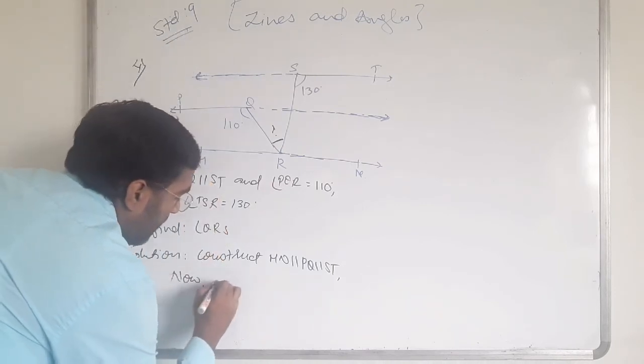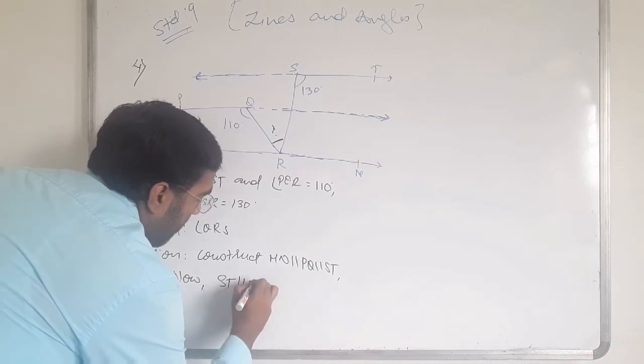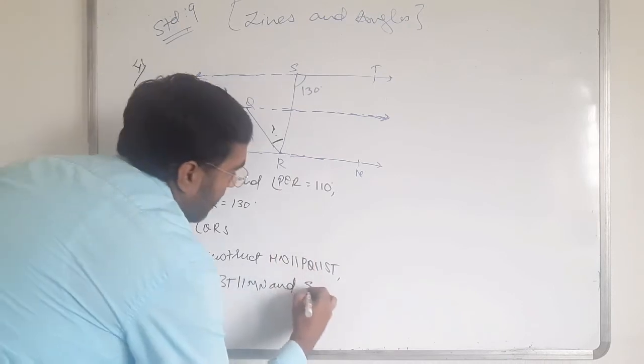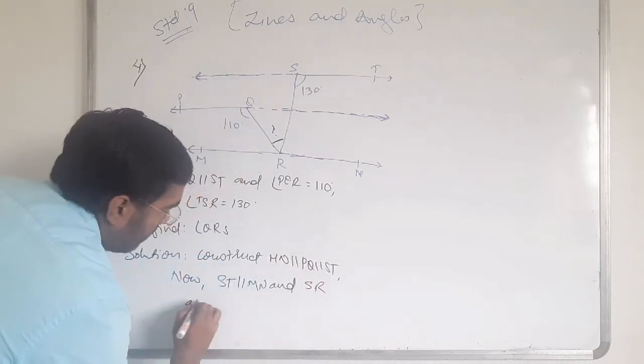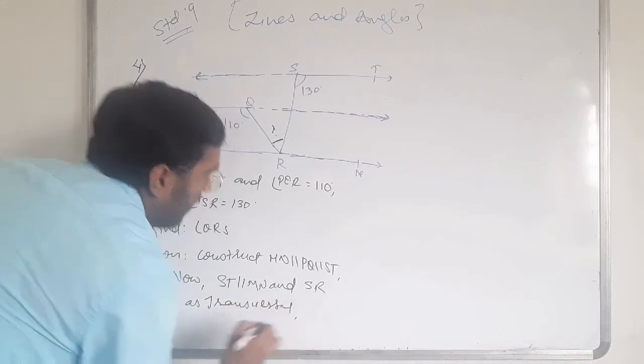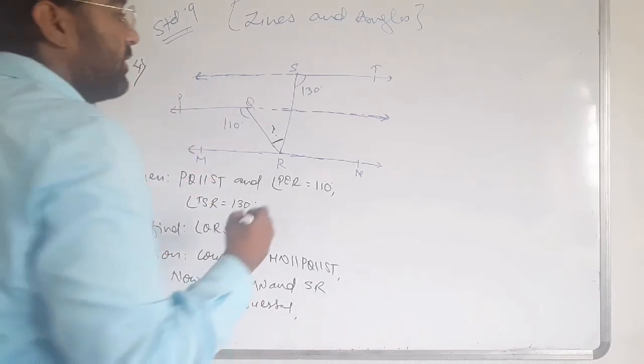Now ST is parallel to MN and SR is a transversal. Take SR as a transversal.